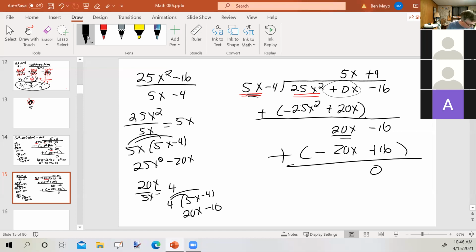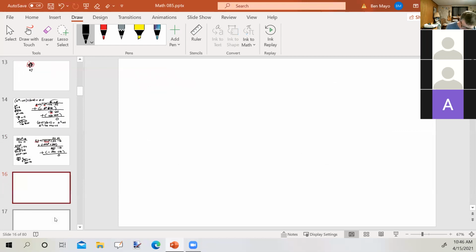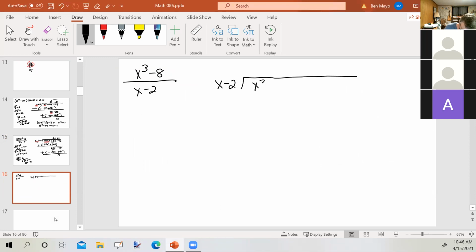Let's see here. Here is another one. X cubed minus 8 divided by x minus 2. So outside I've got x minus 2, but inside I've got x cubed plus 0x squared plus 0x to the first power minus 8.